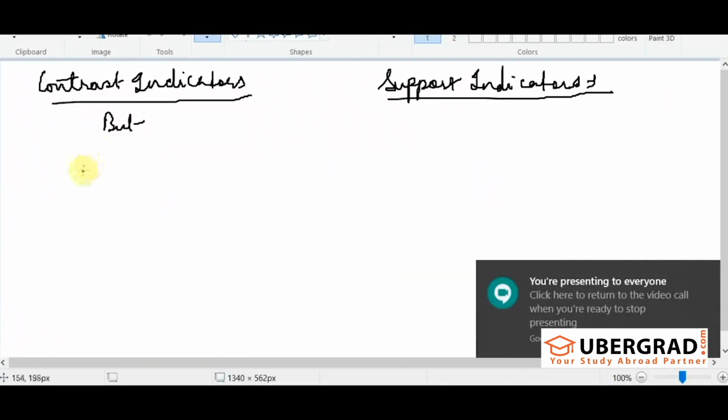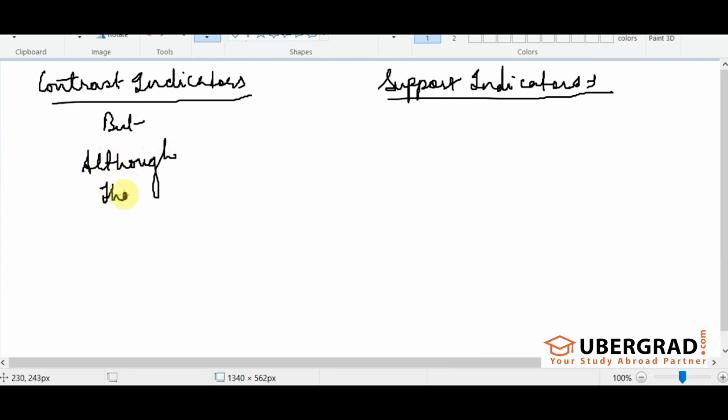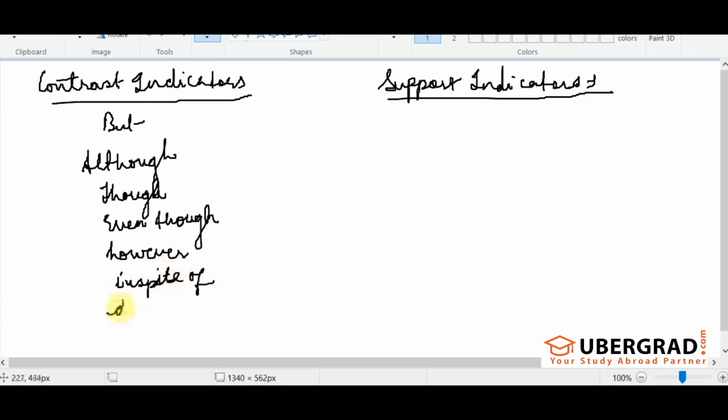So, but, although, though, even though, however, in spite of, despite, instead, rather. Just a few. There are many. I'm just writing a few over here.